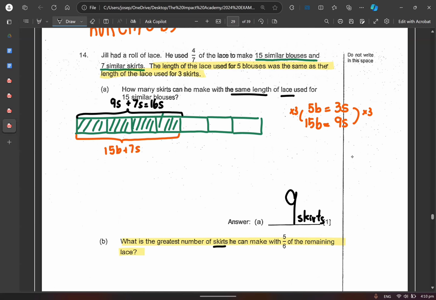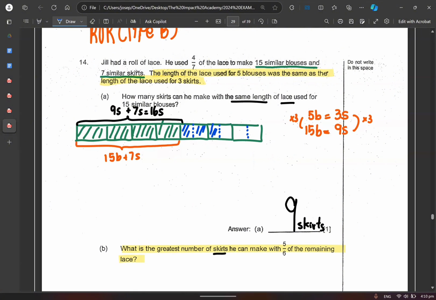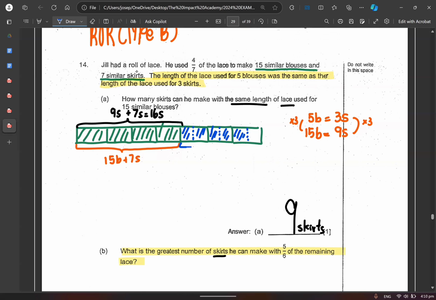No need, right? You just have to split this up into how many parts? 6 parts. Agree or disagree? And then you are going to shade over here. Isn't this quite easy? You're going to shade over here and say that this is the question mark that I'm going to find, for skirt.